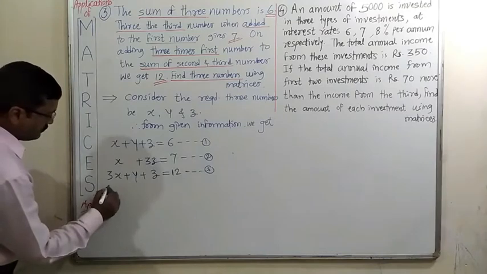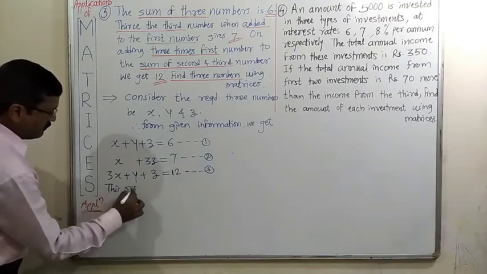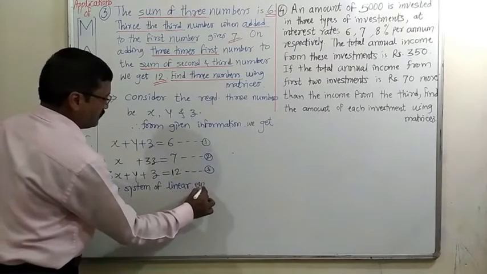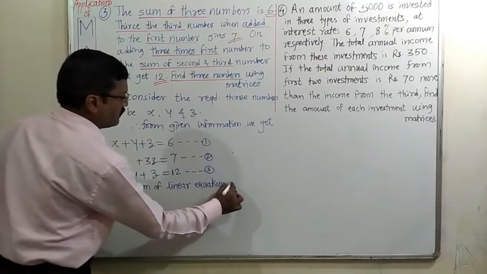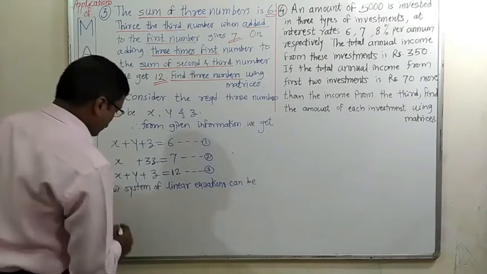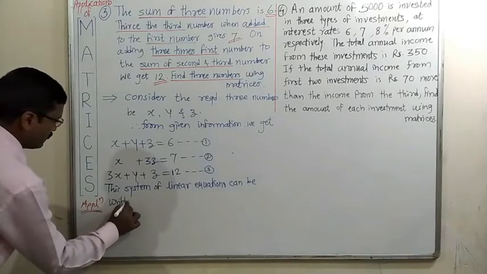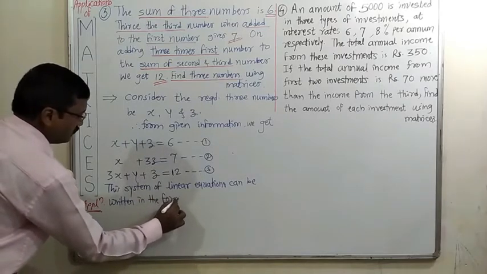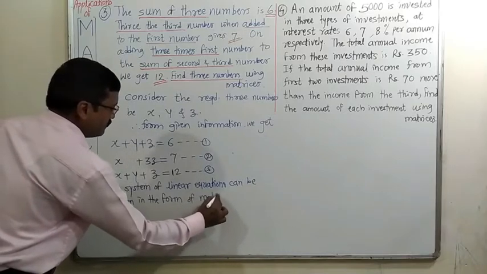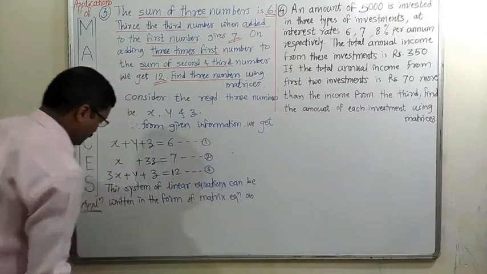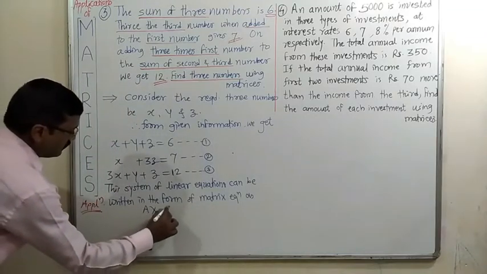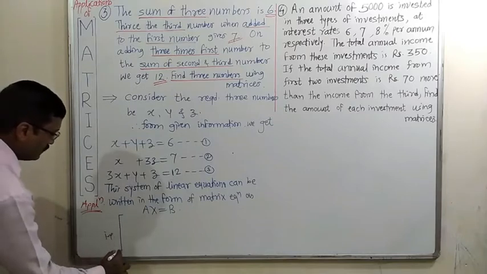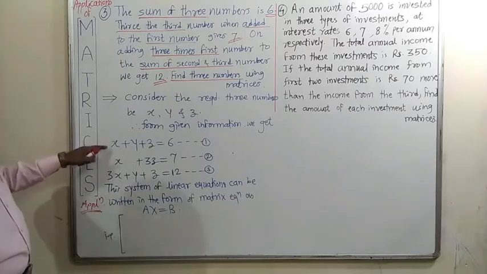This system of linear equations can be written in the form of matrix equation as AX equal to B. That is, A is the matrix of coefficients of this system of linear equations.